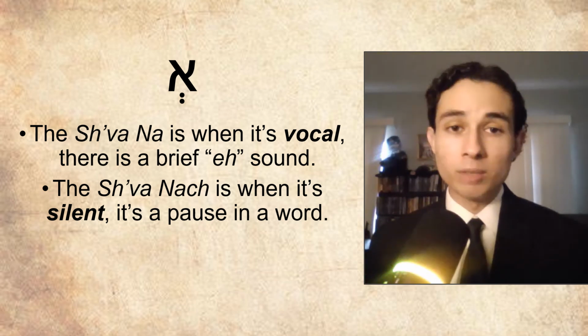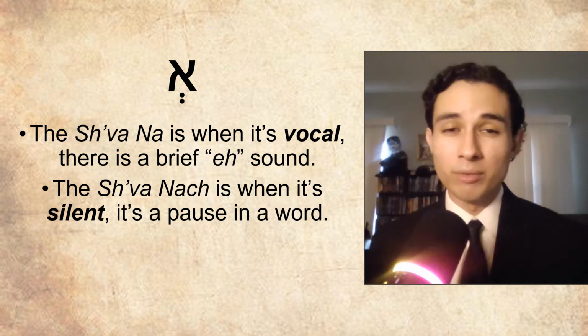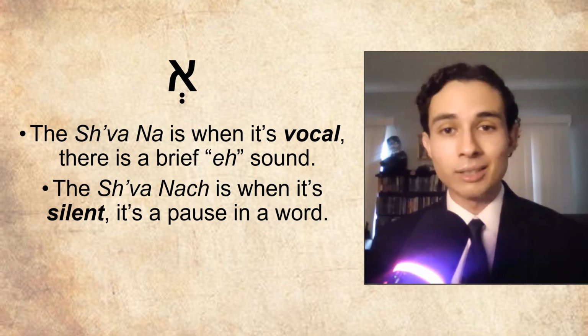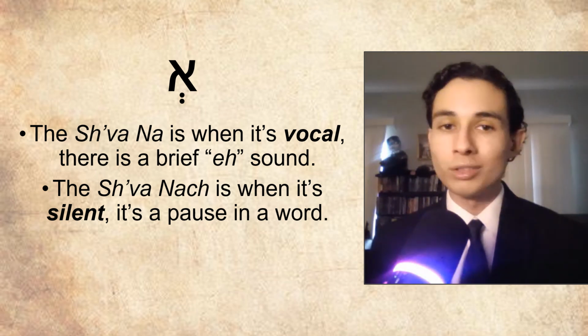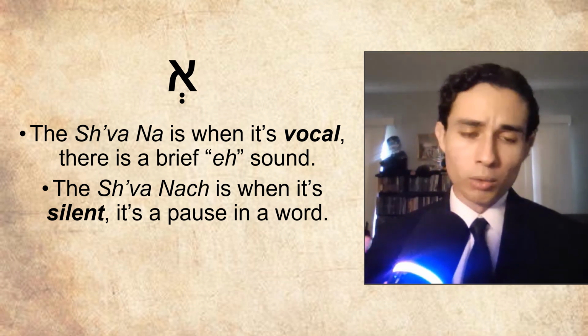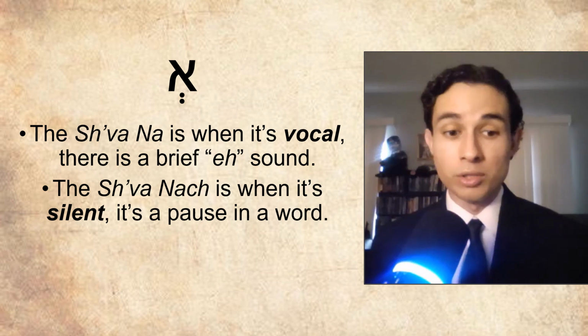Again, it is called Shvana when it is audible, making a very, very brief S sound, so brief that it's almost like it's not there. And then it's referred to as Shvanach when it is silent, meaning its syllable is totally done and it continues on to the next. So let's go over 6 rules you'll want to get down in regard to the Shva.